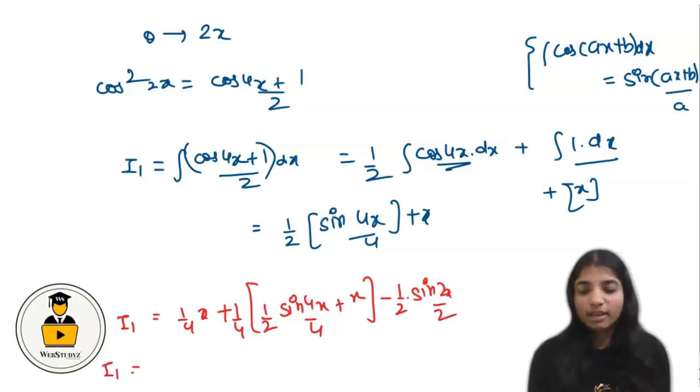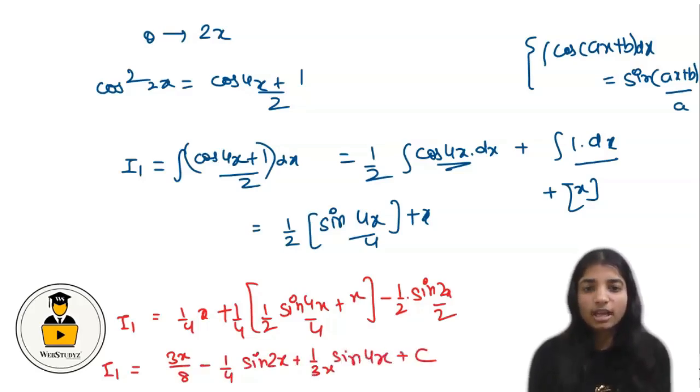Simplifying this, we get I equals 3x divided by 8 minus 1 divided by 4 sine of 2x plus 1 divided by 32 sine of 4x plus c. So this is the answer to the given question.